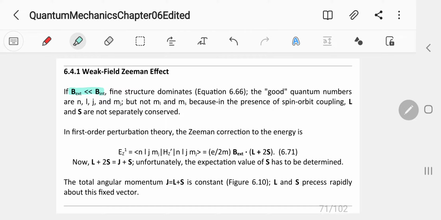In the first order perturbation theory, the Zeeman correction to the energy would have to be written like this, which you can also review in the previous lecture.